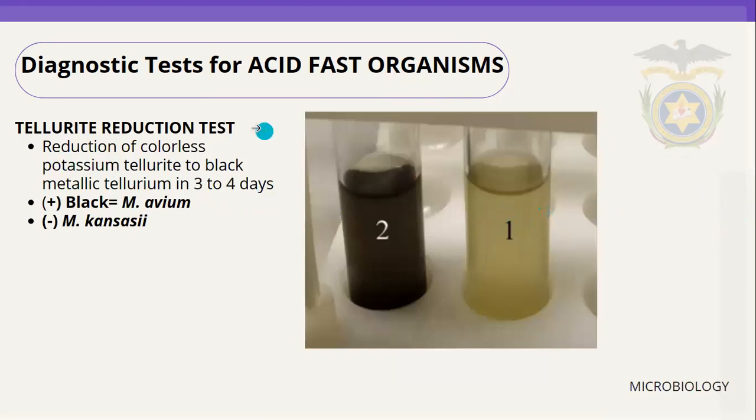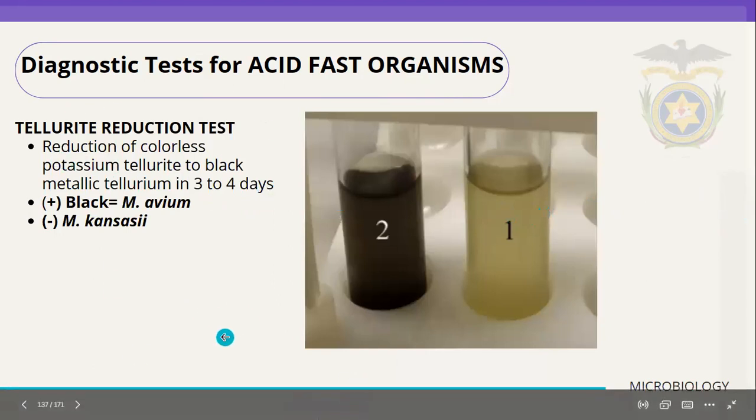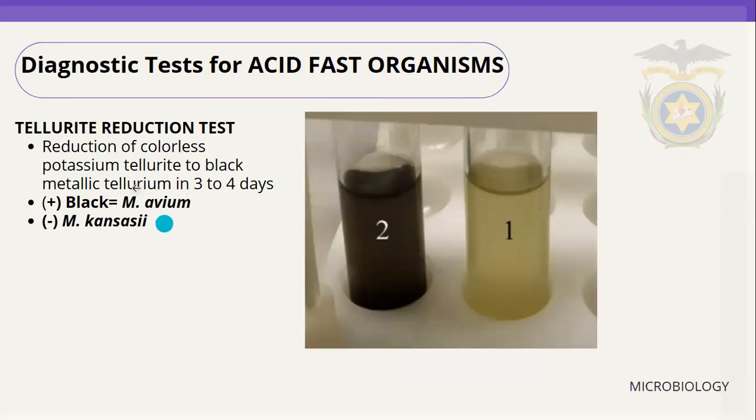Next, we have our tellurite reduction test, the reduction of colorless potassium tellurite to black metallic tellurium in 3 to 4 days. So the positive reaction here, of course, is black, which can be seen in Mycobacterium avium, and negative is colorless, which can be seen in Mycobacterium kansasii.